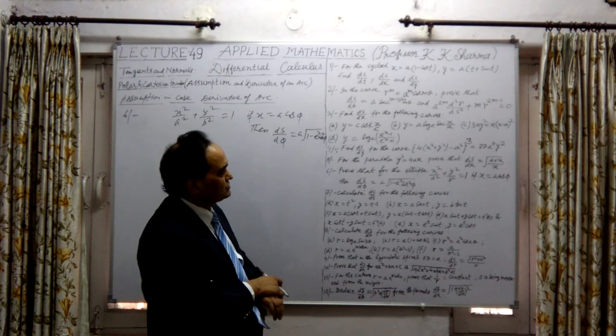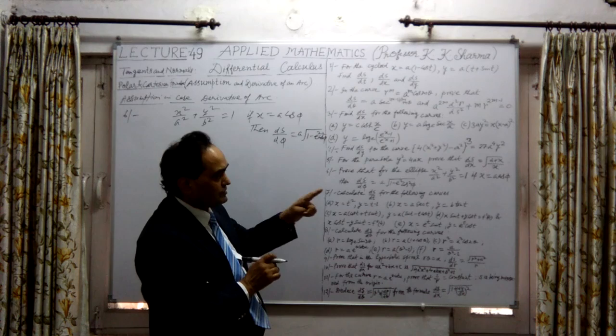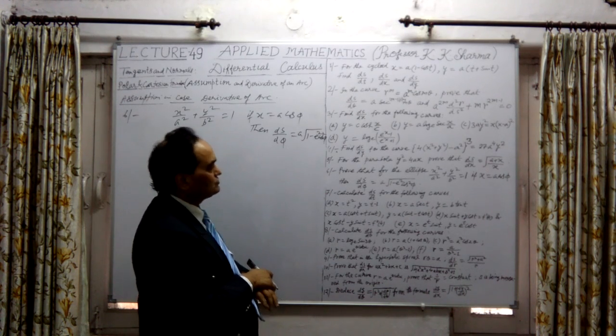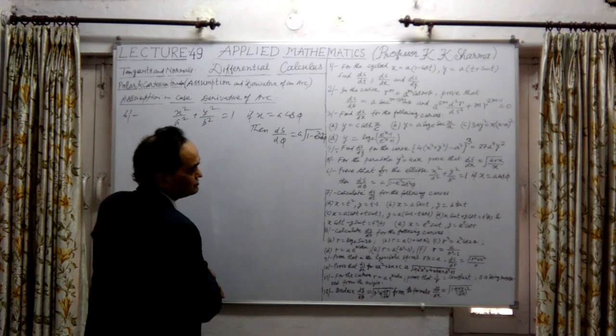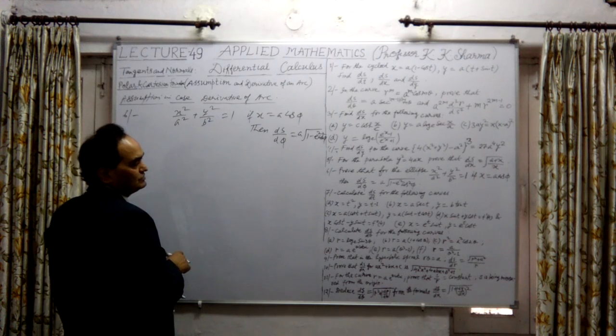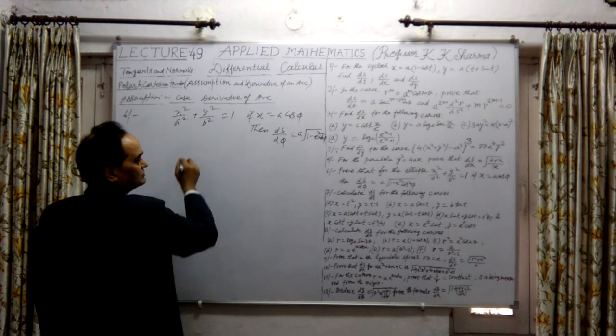First of all, we have to find out the whole equation in terms of phi only. If I substitute the value of x there, y can also be found, and then ds upon d phi we can solve. So let me solve it.